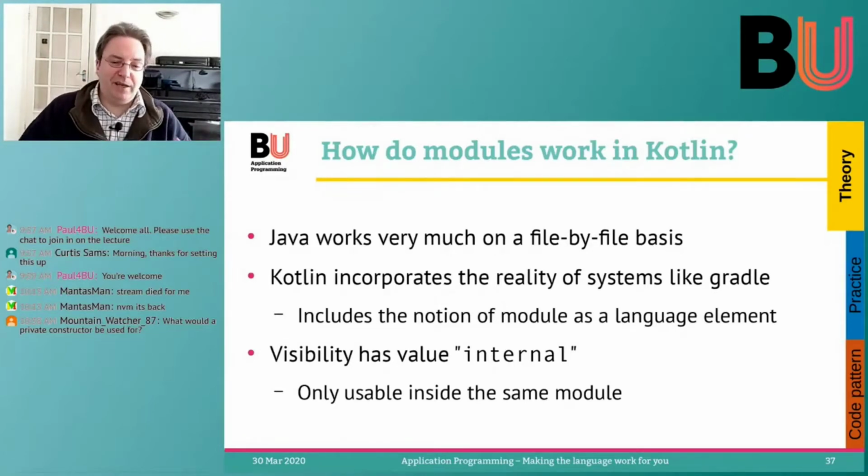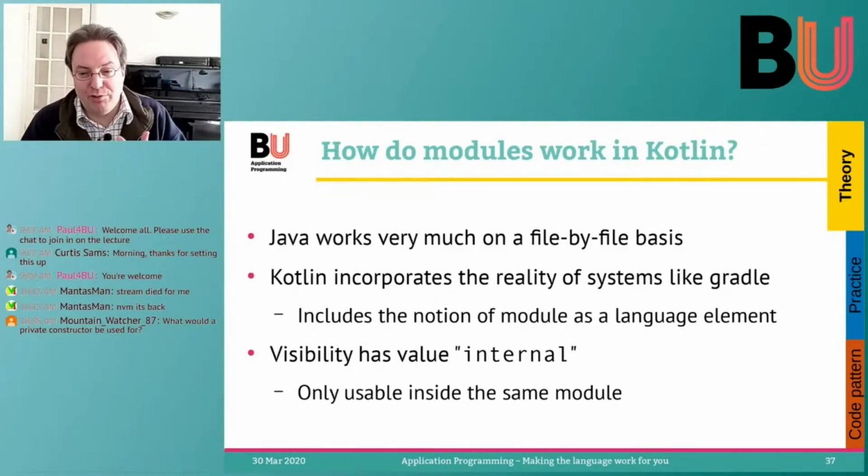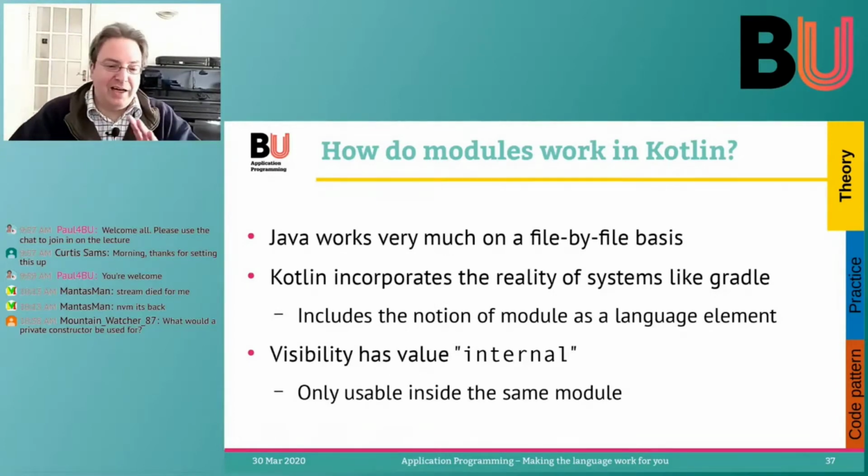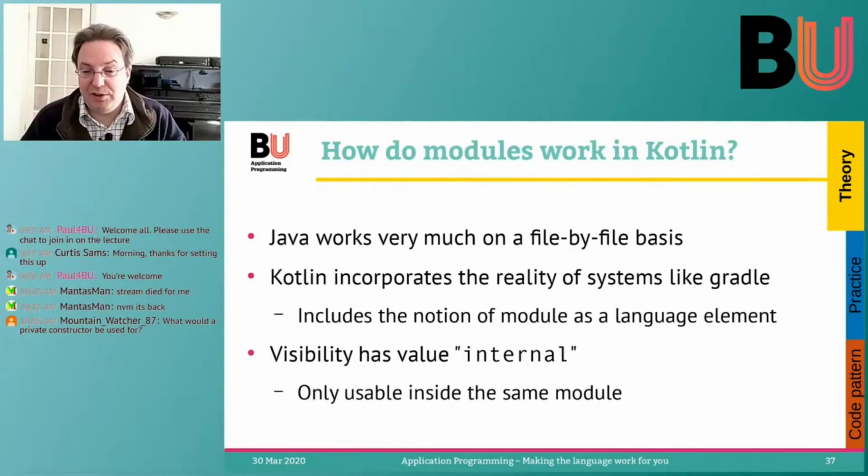There are others, like Maven, and they understand the notion of a module or a library. The visibility of internal means that we only stay inside, and Kotlin allows you to express this restriction.